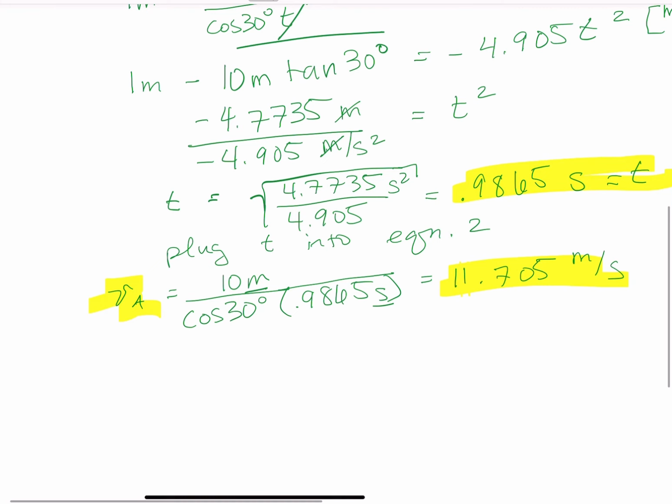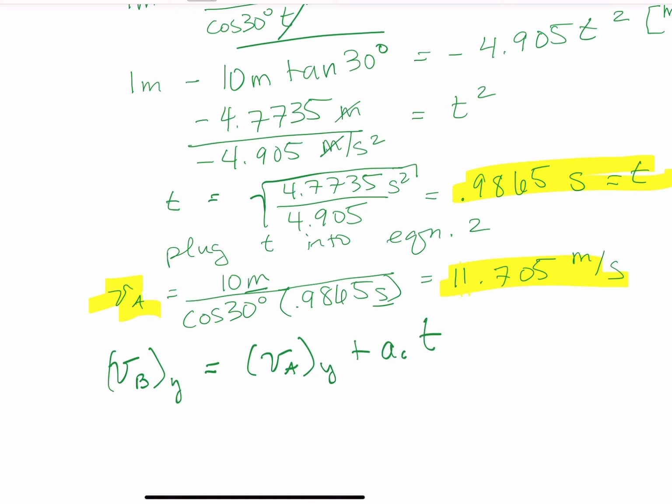And then we also need to find VB. We need to go back to our equations because we haven't done anything with VB yet. If we look in the y direction, VB in the y direction equals VA in the y direction plus the constant acceleration times time. So VB in the y direction is going to equal VA in the y direction, which is 11.705 meters per second.